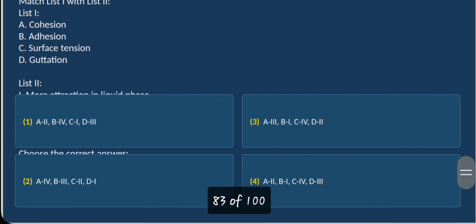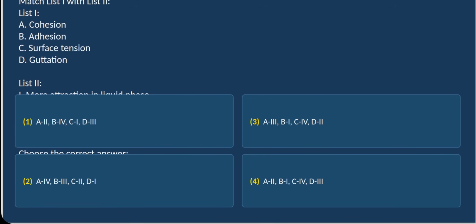Match the list. So match the following: cohesion, like particles, especially more attraction in liquid phase. So A, then adhesion, then surface tension. Guttation is loss of water in the form of water droplets.